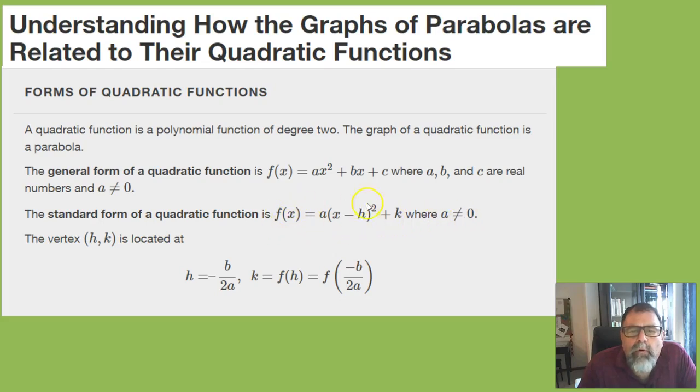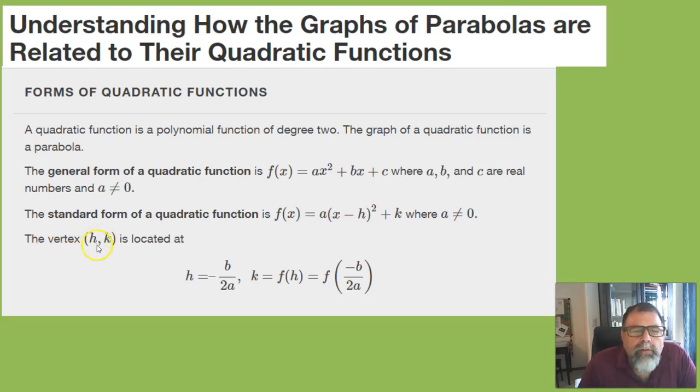In this form, we can use our transformations on our basic toolkit function, x squared: we shift it horizontally h units, vertically k units. If a is negative, it flips it upside down. If the absolute value of a is greater than 1, it'll vertically stretch it, and if it's between 0 and 1, it would vertically compress it. I'll show you when we get to graphing a few of those.